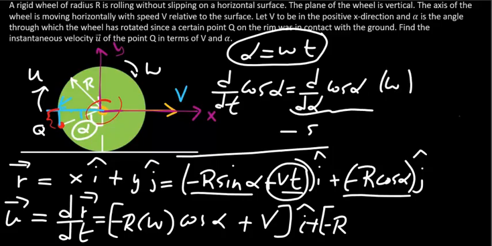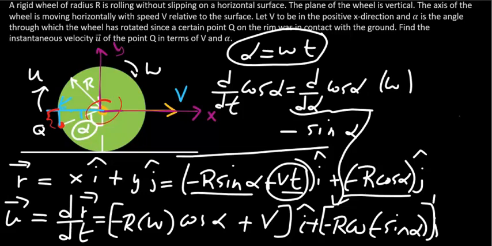This one is just minus sine alpha. So putting all this in this bracket, you get minus r omega times minus sine alpha j hat.